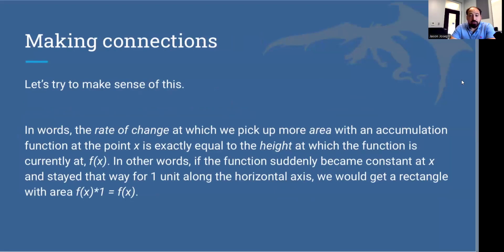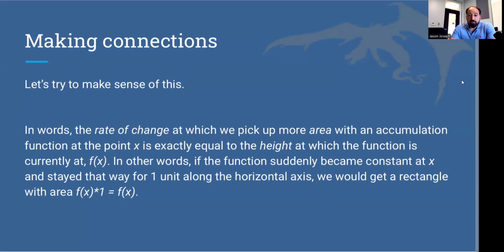The way that I make sense of this is to remember that this accumulation function, as x increases, means you're picking up more and more area. And then the derivative of that is the rate of change at which we're picking up more area. And so then we're taking our rate of change at a particular point x and saying that it's exactly equal to the height that the function is at that x, which is f of x.